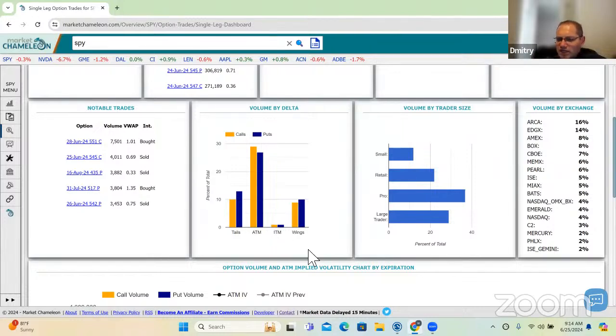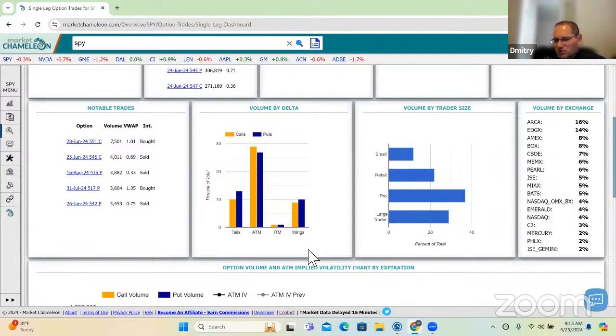And then we have the wings. The wings are options that are further away from the at the money options. So the stock does need to move at least a standard deviation or so to hit those strikes.